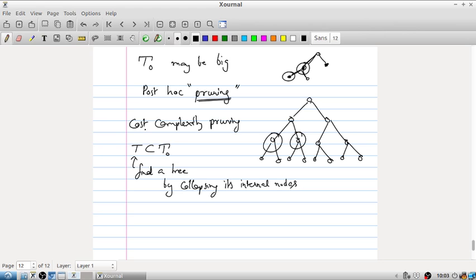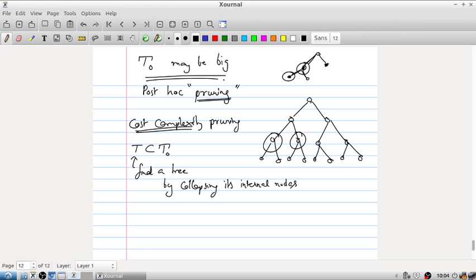It's called cost complexity pruning because first of all we are restricting ourselves to trees which are subtrees of the original tree, and we're going to penalize for the size of the tree. When I said T naught may be big, all I'm saying is the number of nodes in the tree is too many. Since there is a binary split at every region, I may have too many leaf nodes, as in the last terminal nodes.